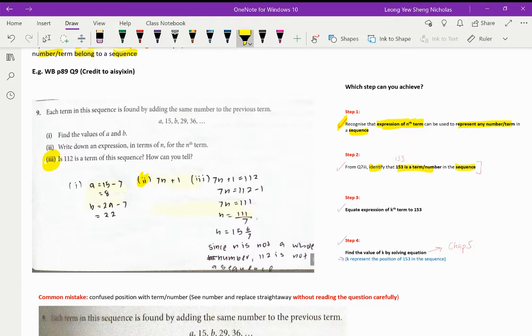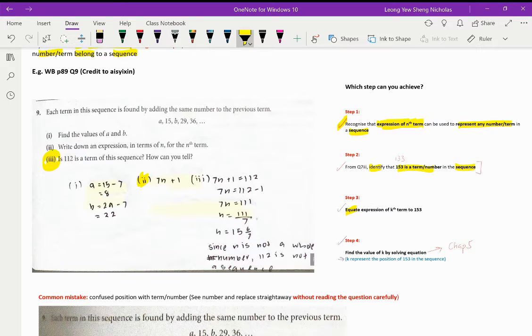In step 2, in order to know whether 112 is a term of this sequence, we need to test it out by equating it to the general expression of a term. In this case, it's sort of like skipping step 2, because we don't know whether it belongs or not.